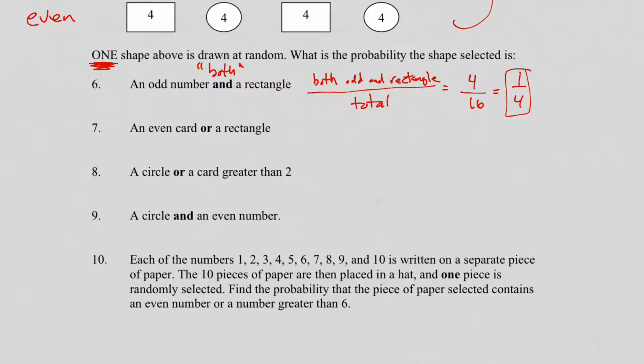So probability of even plus probability of, so it says or, rectangle, minus both. Minus both.